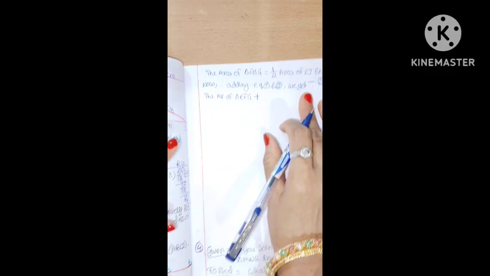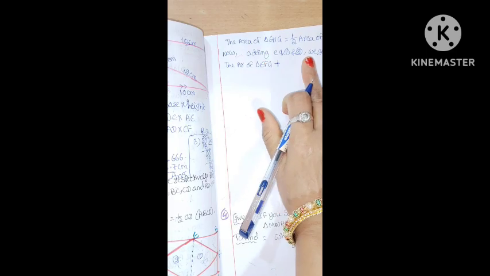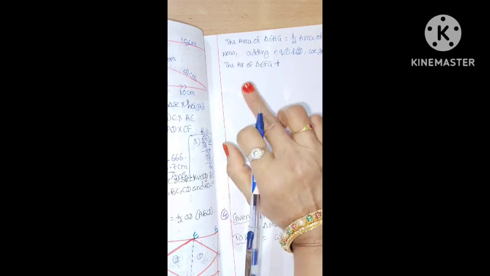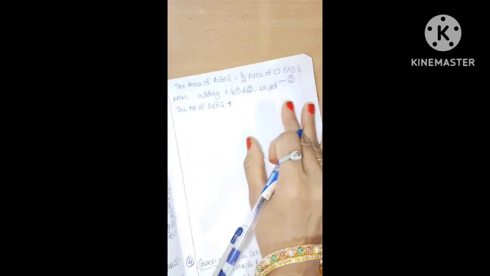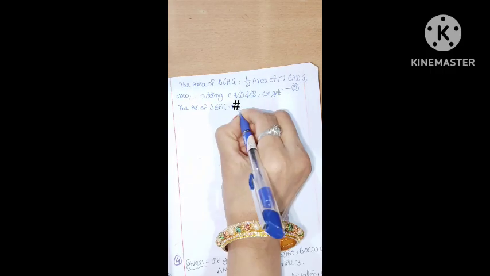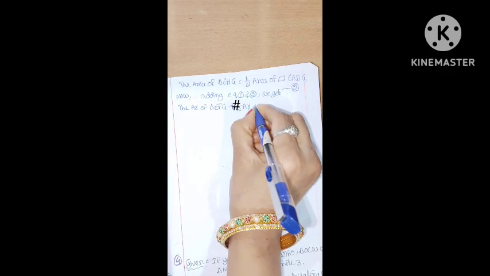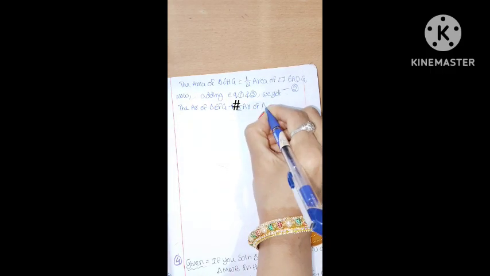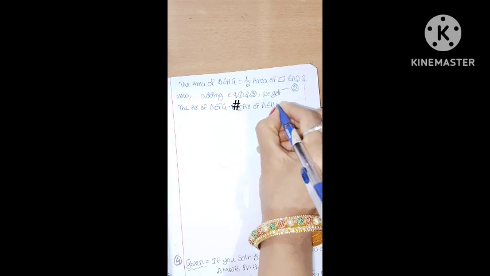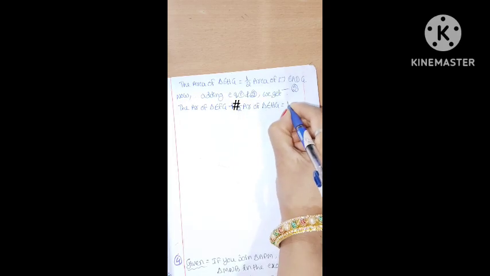Adding the LHS part is equal to adding the RHS part: the area of triangle EHG is equal to the right hand side. What's the right hand side?